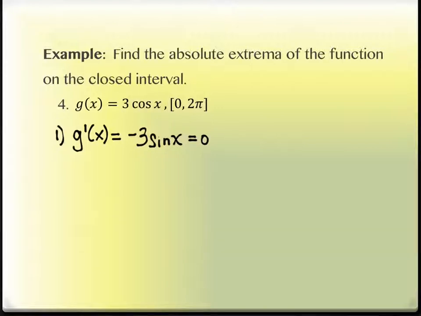It's nice enough that I can recognize that I divide by -3, and it doesn't affect the actual locations of where sine is equal to 0. The other thing worth noting is that I eventually have to go back to the fact that I'm on the interval 0 to 2 pi. So I only need sine values that are 0 between 0 and 2 pi, so one rotation of our circle, or within one unit circle.